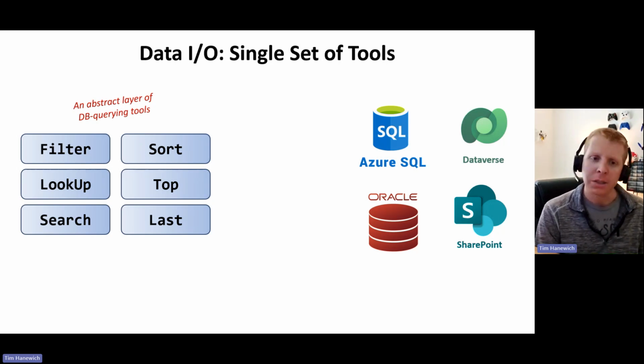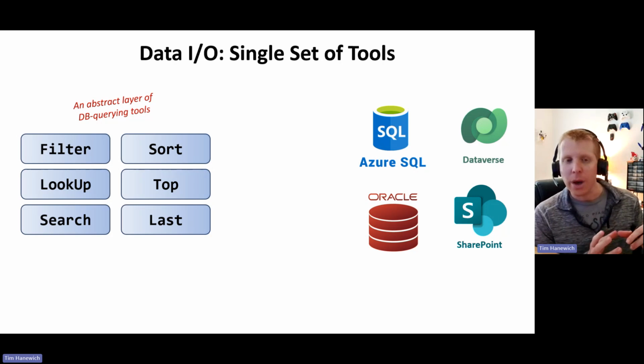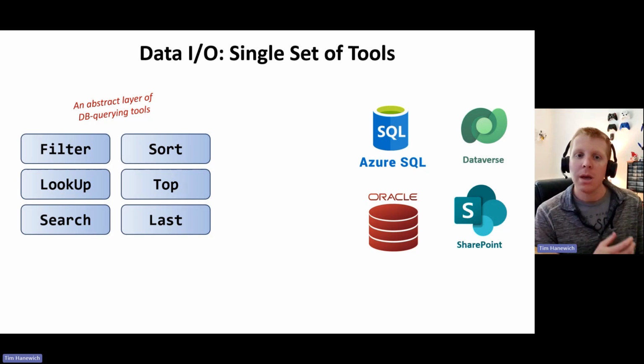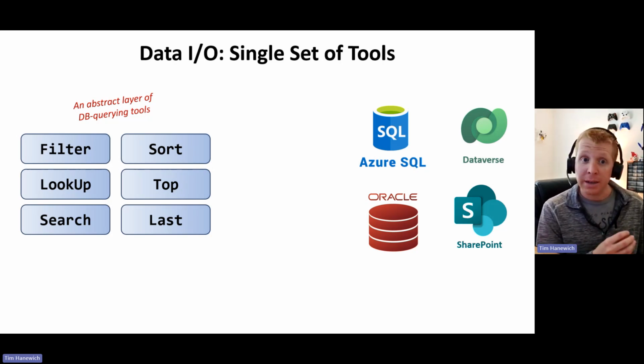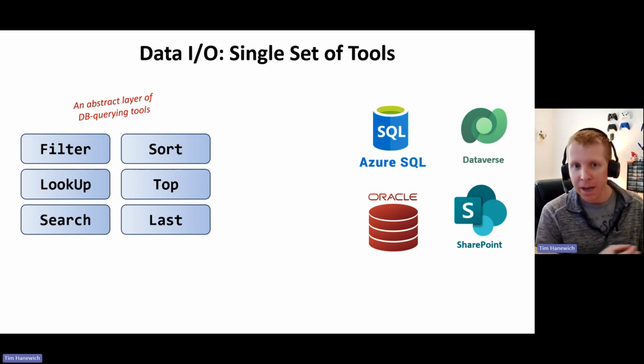The cool thing here is don't think that through Power Platform, you have to learn each individual unique data source. Rather, you have to learn the abstraction layer, the filters, the lookups, search, sorts, tops, and so forth. And once you learn that, the actual translation of your intent in that abstraction layer is translated by Power FX, by Power Apps, into the data source that you have of choice, whether it's SQL, Oracle, or whatever.